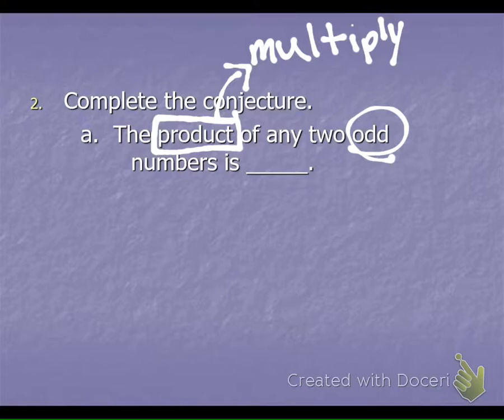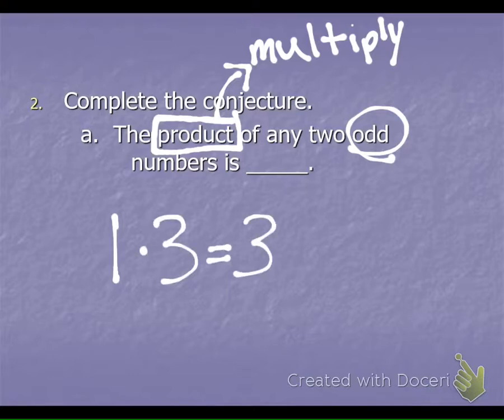So the product of any two odd numbers is, so give me some odds. 1 times 3 equals 3. That's one example. 11 times what?